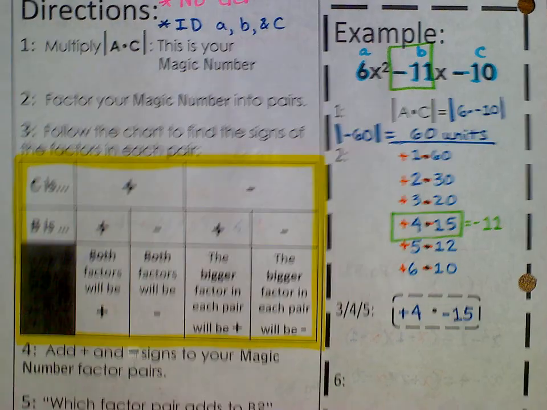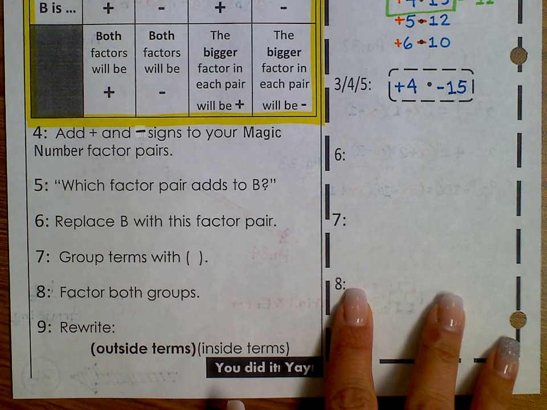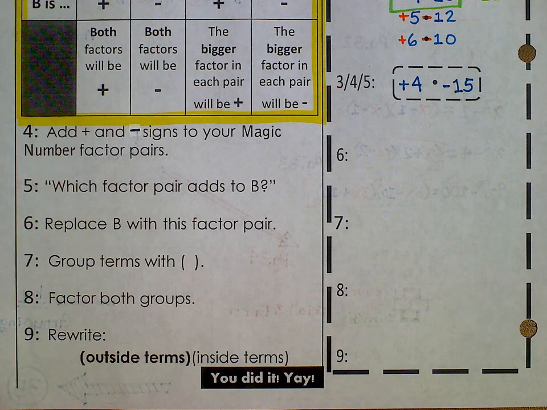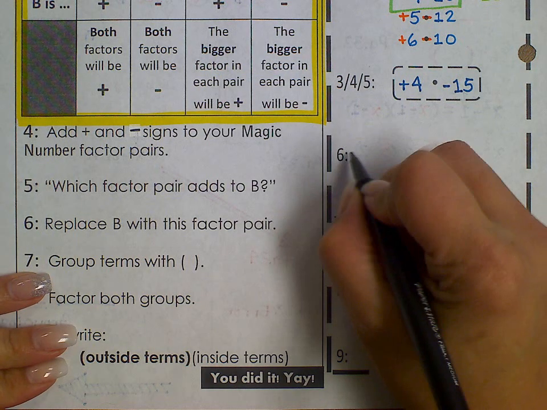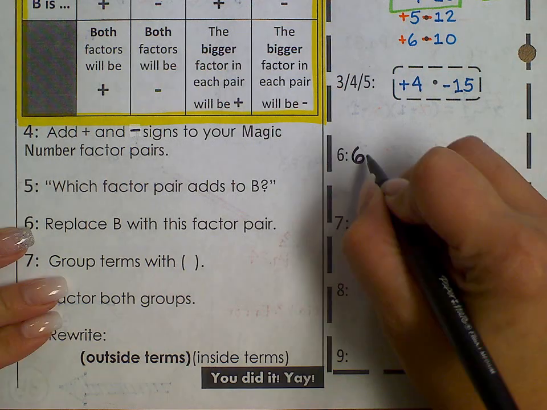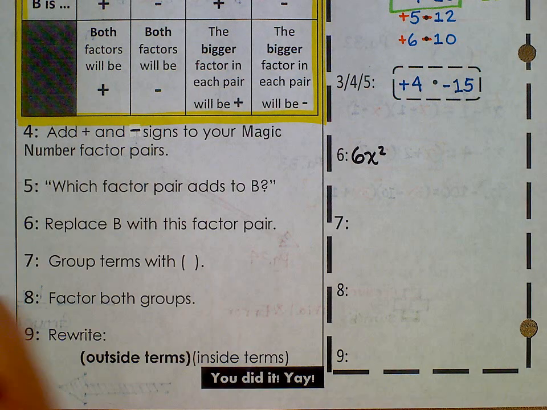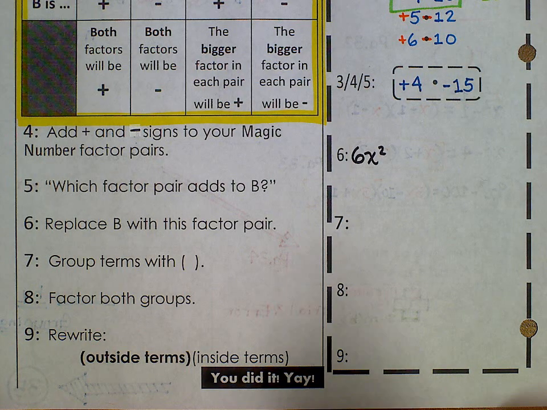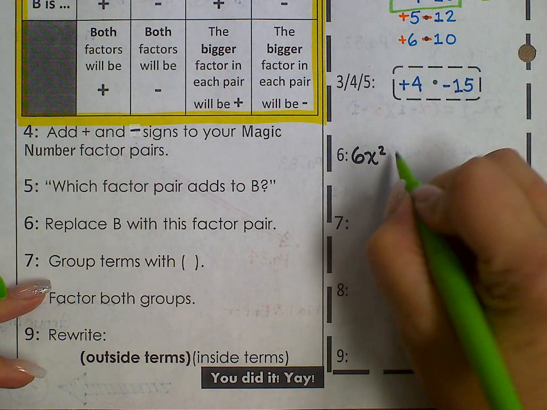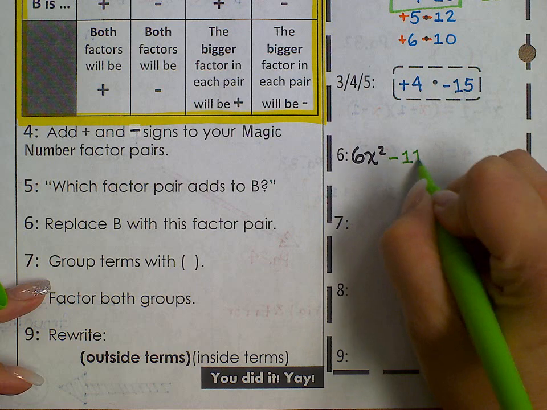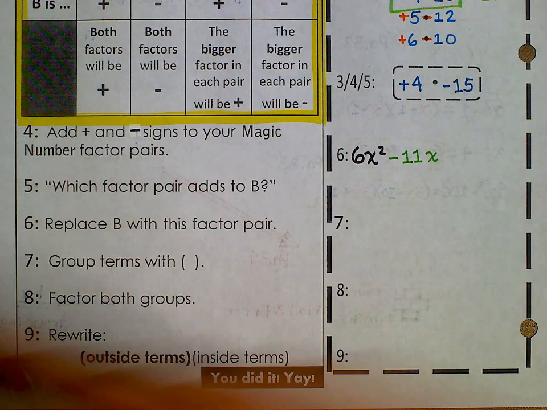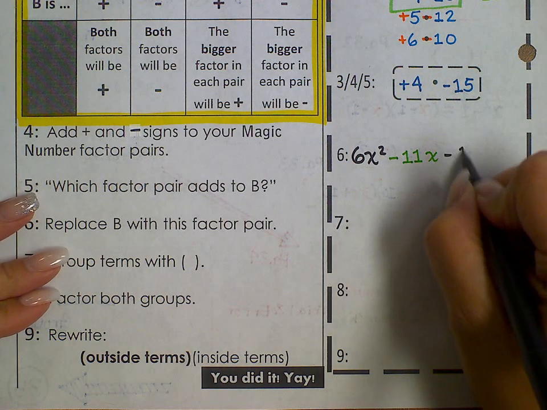Now, I'm going to scooch this on up, because on number 6, I want to rewrite this. So I'm going to write out my original expression, 6x squared, and then write it here in that green that I circled there, minus 11x, and then minus 10.